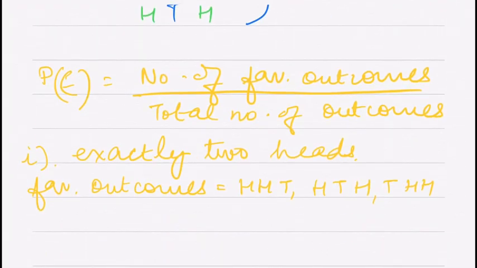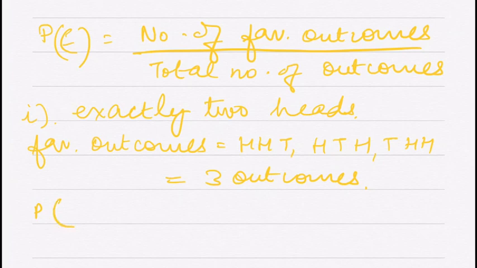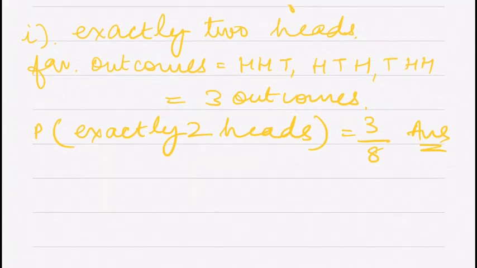Otherwise this has 3 heads, and the others have 1 head or no head. So only these 3 outcomes are there. So the probability of getting exactly 2 heads will be equal to 3 by 8, since total outcomes are 8. So that's my answer.